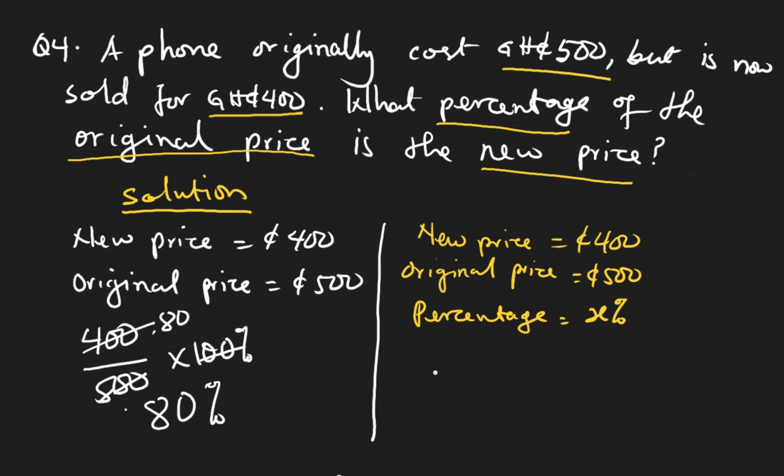So now let's model the equation. It means X percent of 500 is 400.